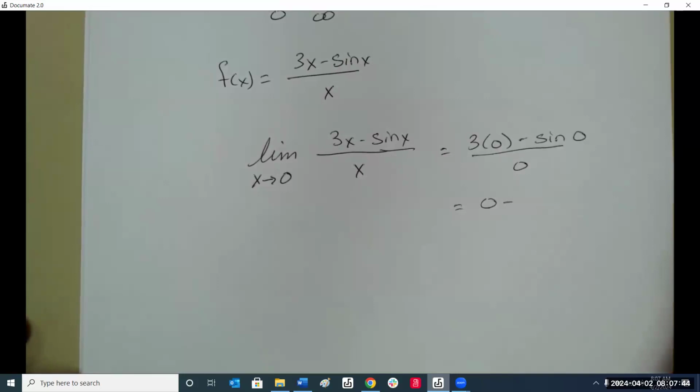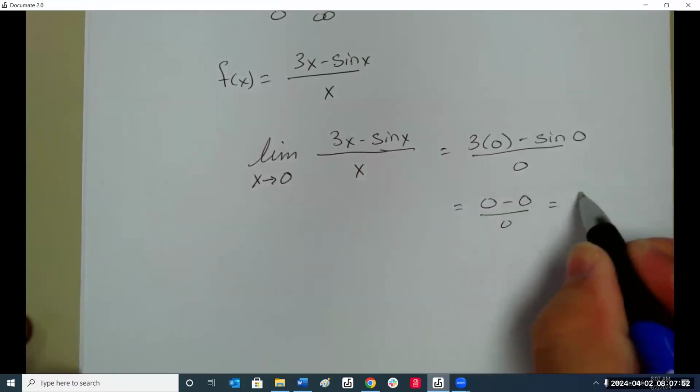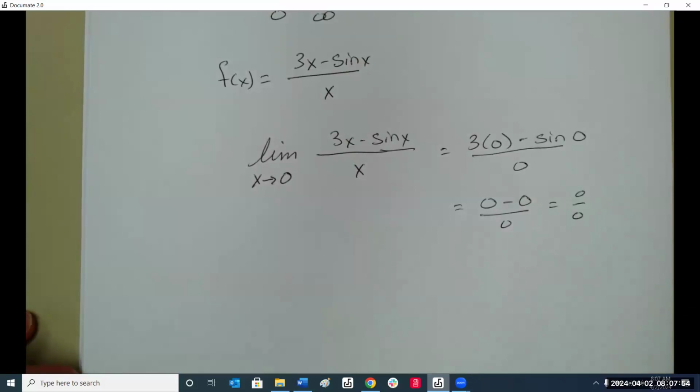What's sine of 0? 0. So we got an indeterminate form of 0 over 0. So we're thinking that the first derivative doesn't exist there because we can't take the limit of it.